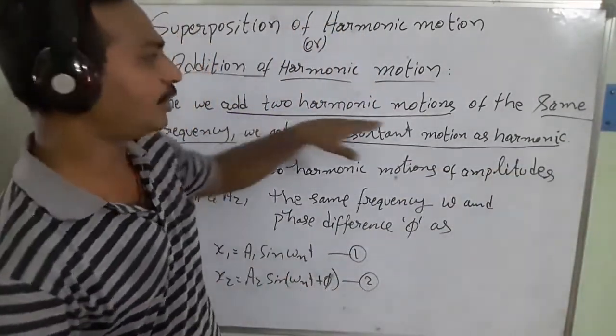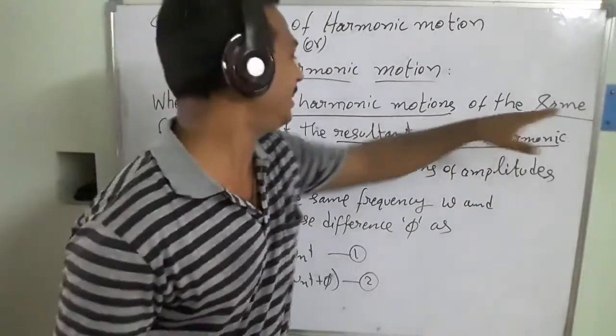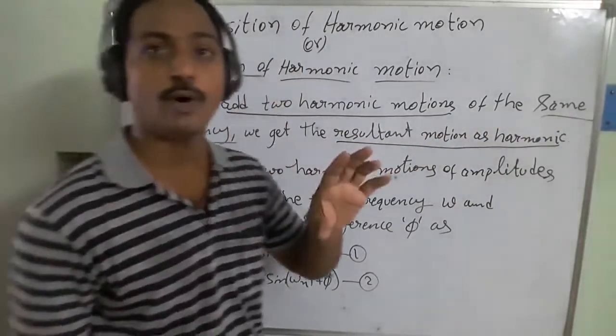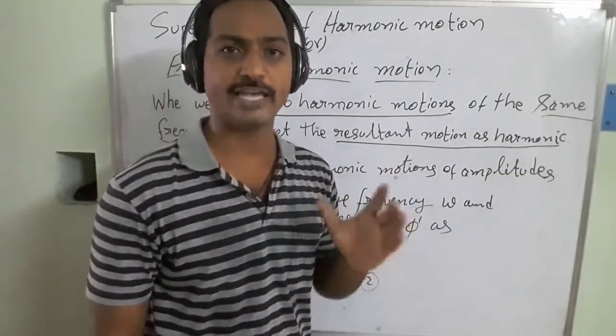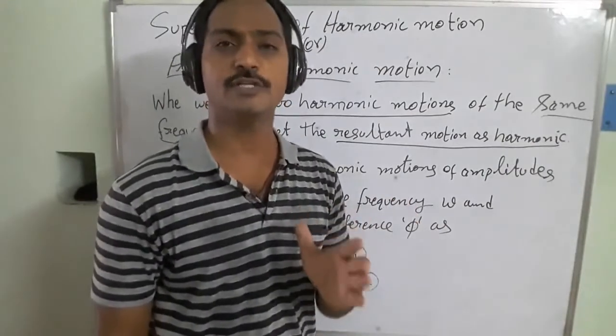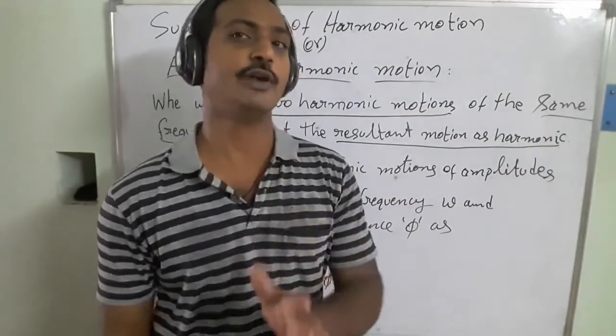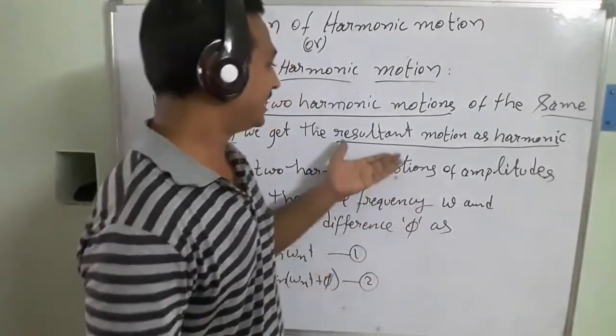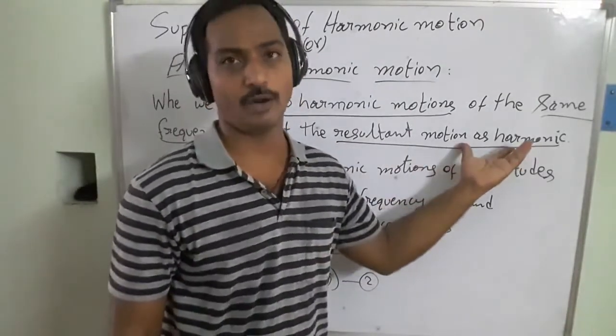So when we add two harmonic motions which have the same frequency, that is x1 plus x2, the two displacements of the system having different phases, the resultant also will be a harmonic motion.